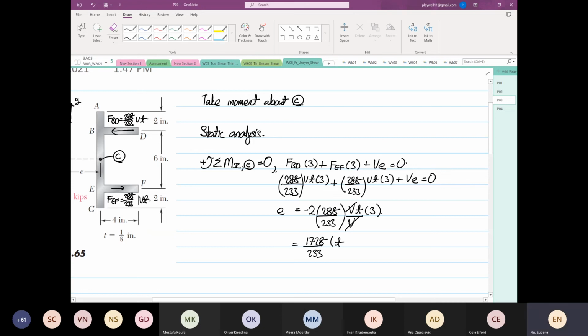And then multiply by T. So this is 1728. Sorry, this will have a minus sign. Divided by 233. Multiply by 3 is equal to 1 over 8.